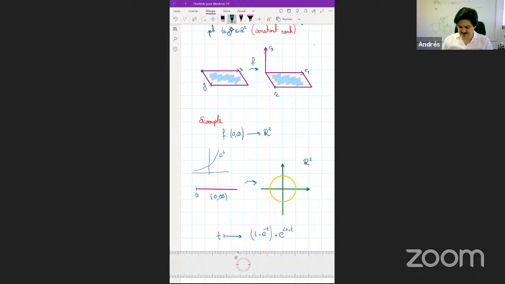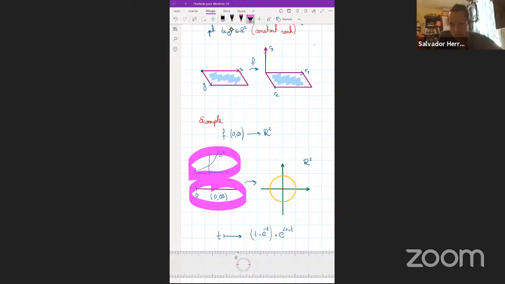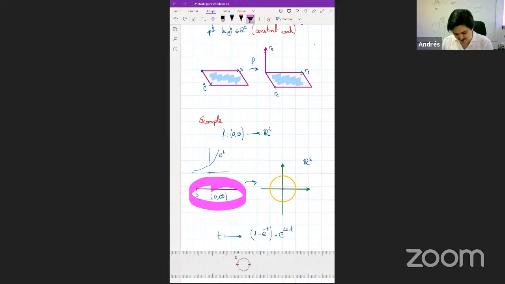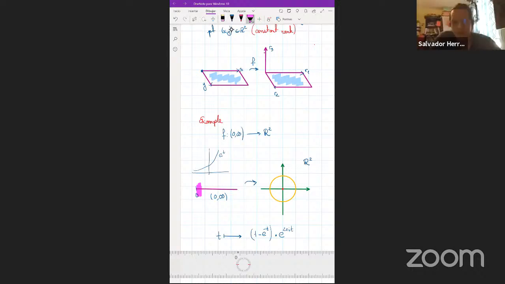And yeah, when t is small, then e to the minus t is almost 0. Wait, it's almost 1, I'm sorry. When t is close to 0, okay. When t is 0, you're close to 1. That is why we have 1 minus.